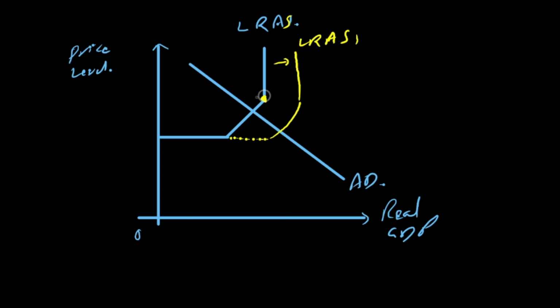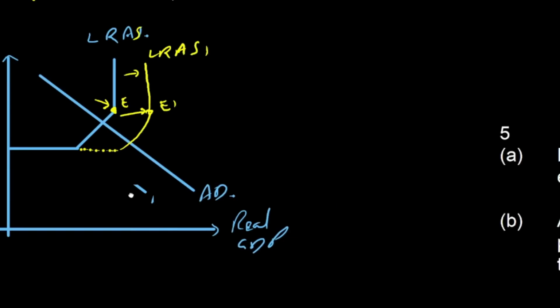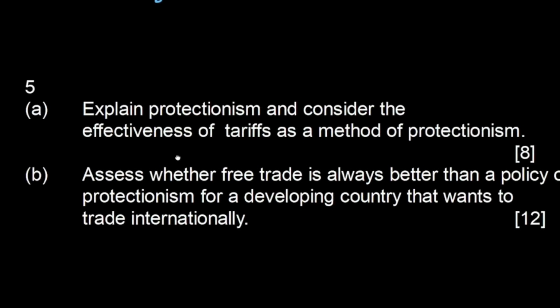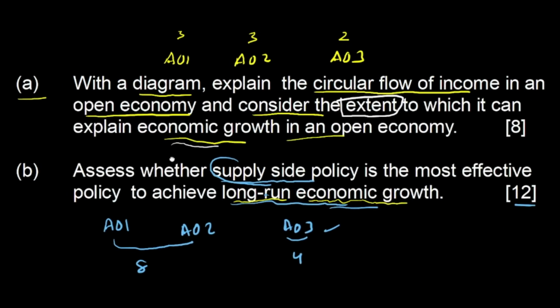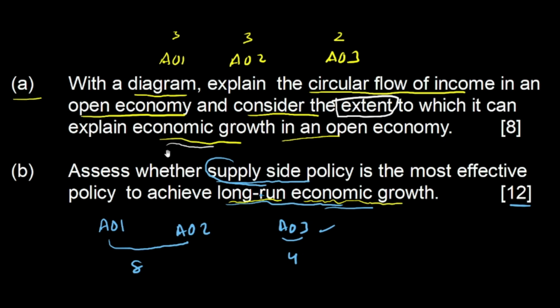So full employment level was initially at this point, let's say at point E. Now it will move to E1. So rightward shift in the full employment level is basically showing long run economic growth. Okay, so you will make one of these two graphs, or if you are good at writing, then you may make both graphs as well.